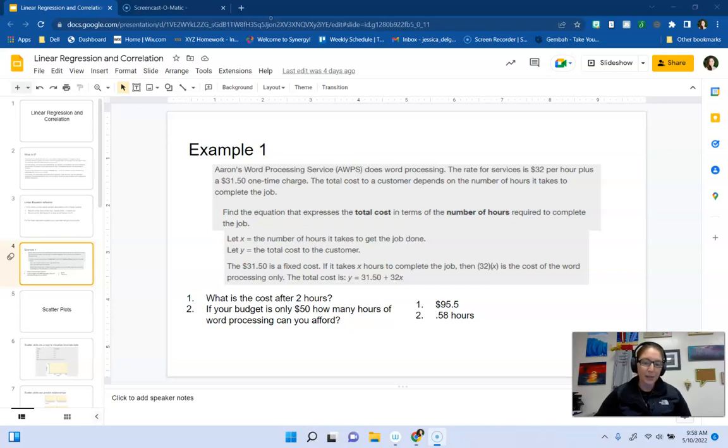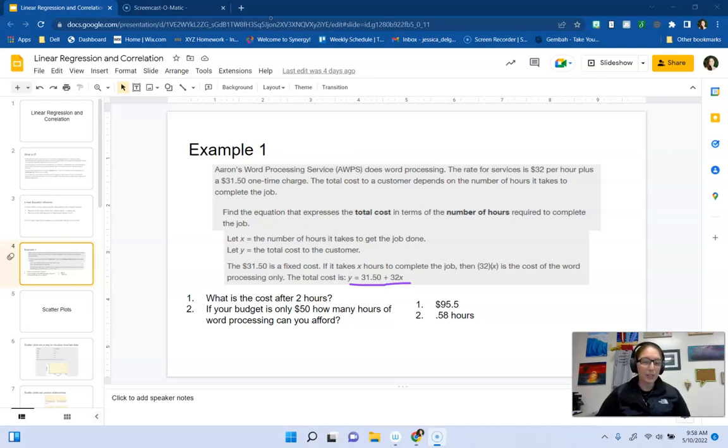If x is the number of hours it takes to complete the job, y is the cost to the customer, and $31.50 is a fixed cost. So this is going to be our equation here: $32 for every hour, and the hour is the variable. Input the hours, multiply by 32, add the one-time cost to it. That's the cost to the customer.